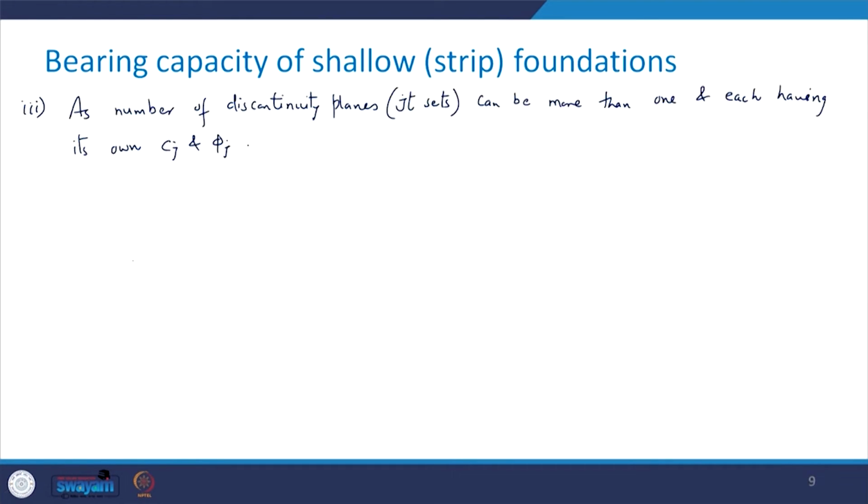Then what we are going to do is we will compute the values of sigma 1j in zone 1 for each joint set.